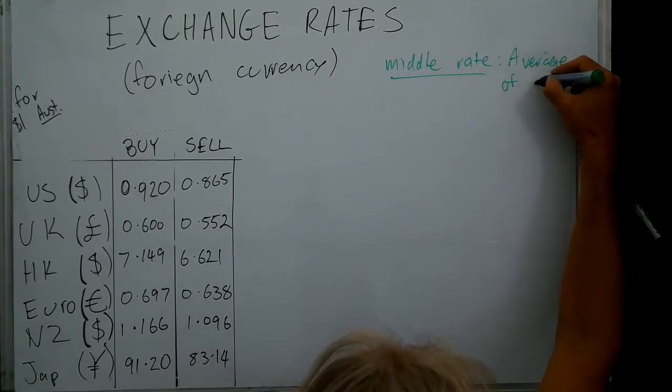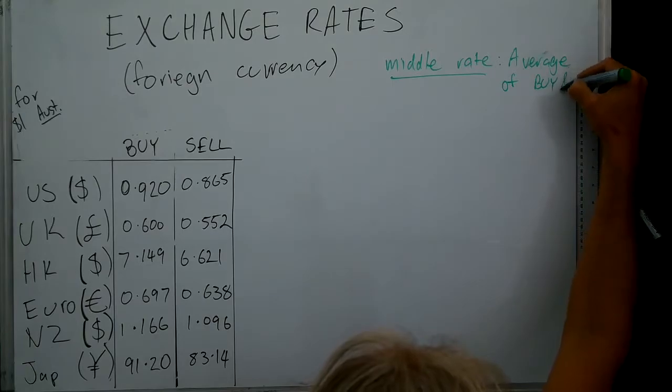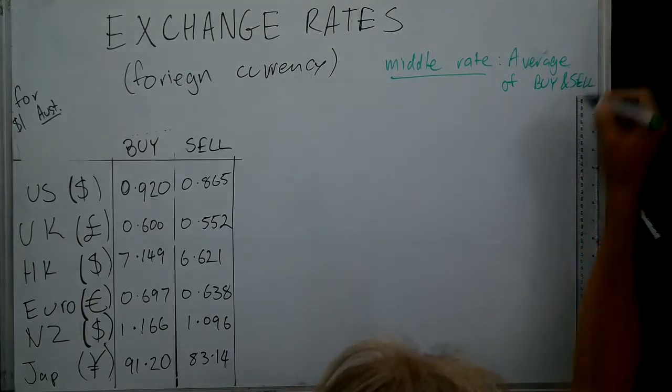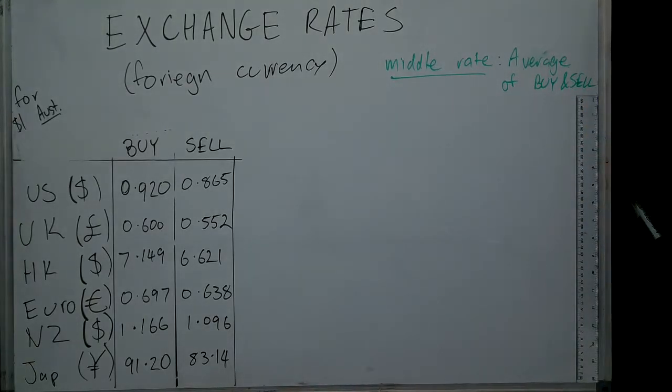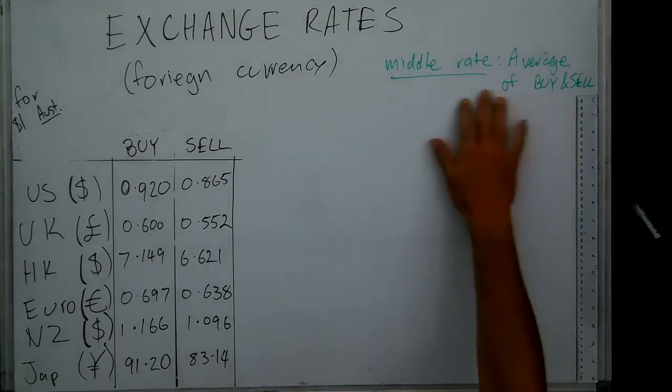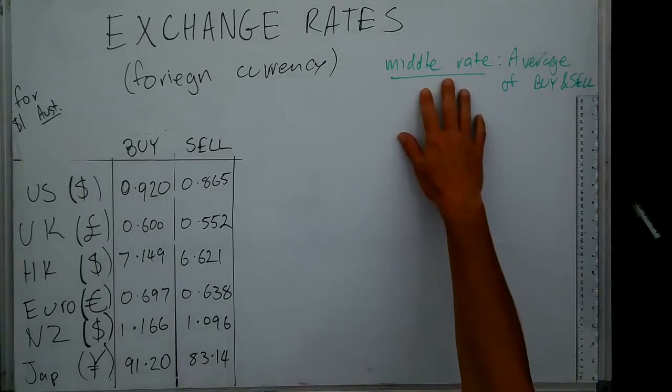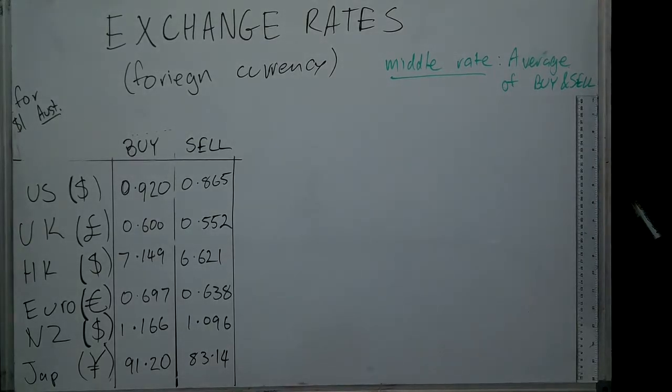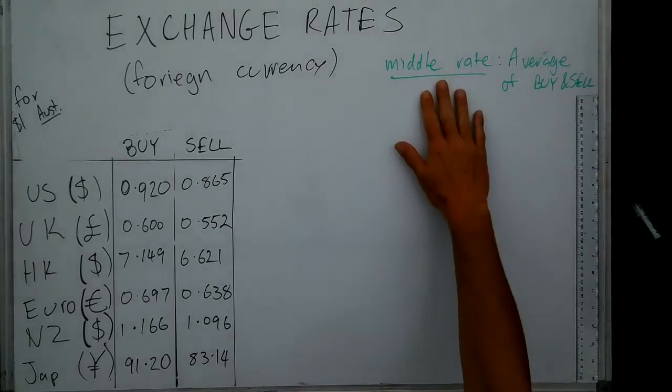Average of buy and sell. So that's just an extra little thing that you need to be aware of. But on the whole, we're going to be using the buy and the sell rate separately. The reason they advertise the middle rate is so that when you look up a particular bank and go to that bank, they're not actually going to give you this rate.